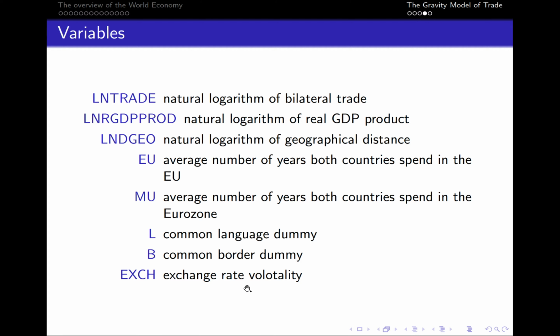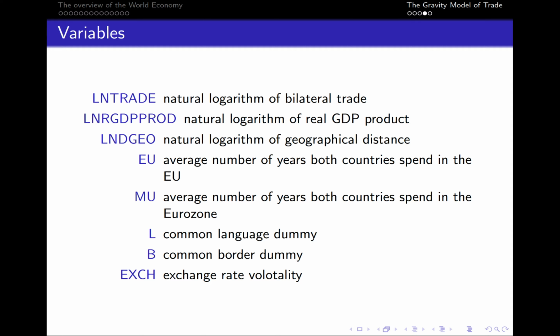I've taken the bilateral exchange rate between two countries, calculated its variance, and divided by the mean, and we obtain what we call the coefficient of variation. It tells you by how many percent, on average, the exchange rate deviates from its average value.